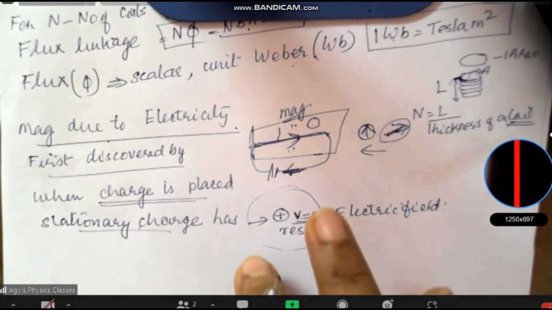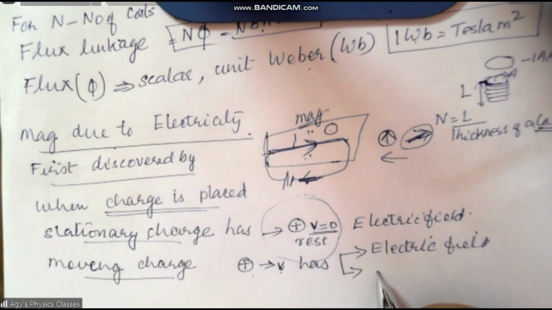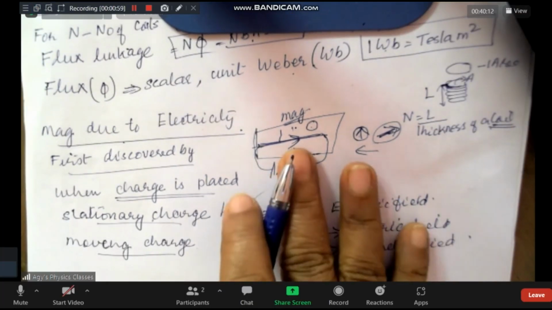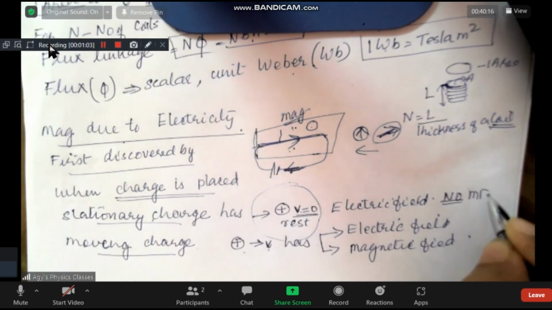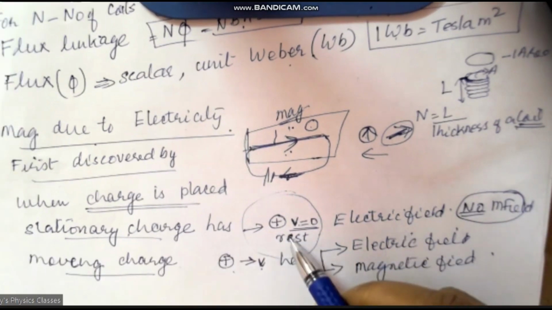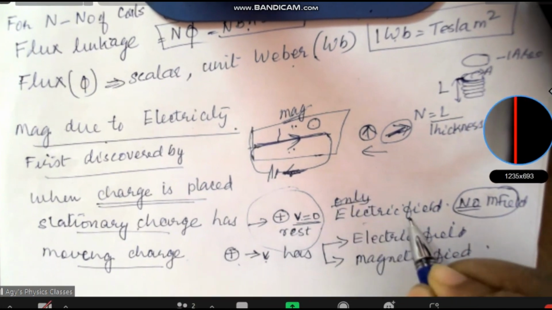A stationary charge has only an electric field. It does not produce a magnetic field. This is very, very important. If you place some charge at rest, it has no magnetic field, only an electric field around it.